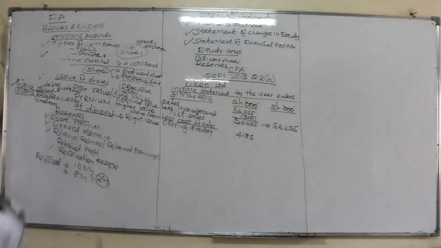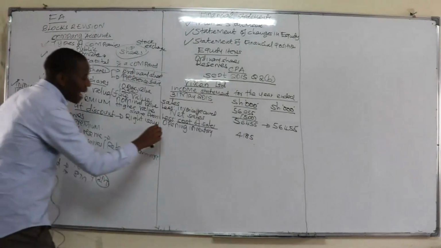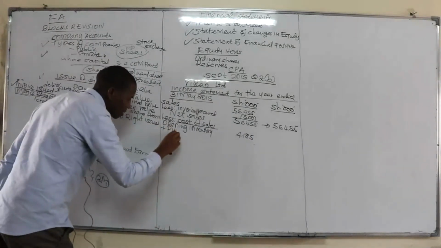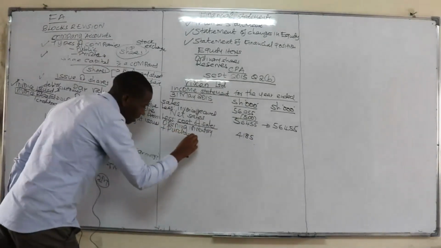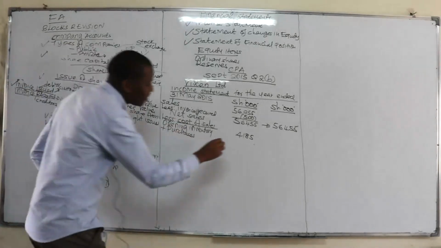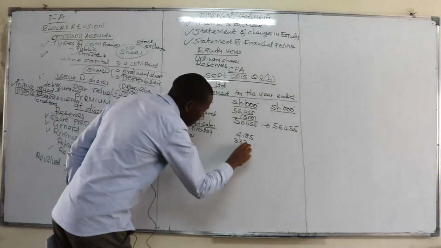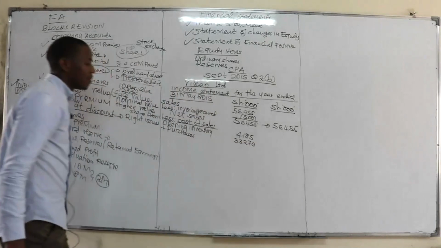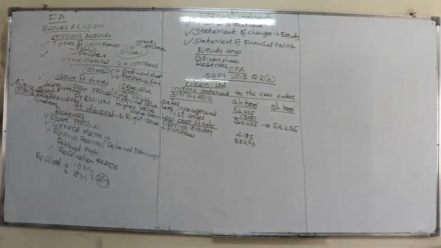That is the opening inventory. You add purchases. Now, when you talk of the purchases here, we were also given, they were 33,270. You will add that purchases.